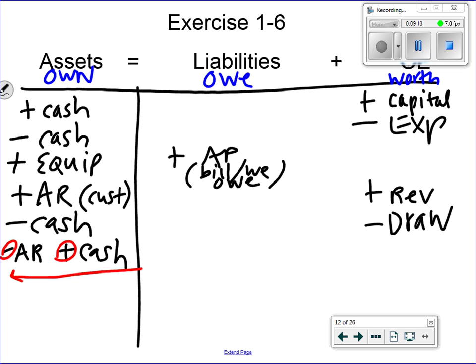Yep. ARs will eventually liquidate and become cash, but there's that kind of uncertainty, like, are we going to get this customer to pay their bill? And do you think customers default and don't pay their bills sometimes? Unfortunately, yes. We'll spend a whole chapter on that. So you want as much cash as possible, or you want to get that AR turned into cash quickly.